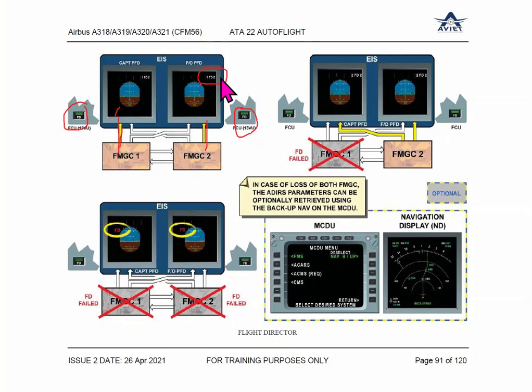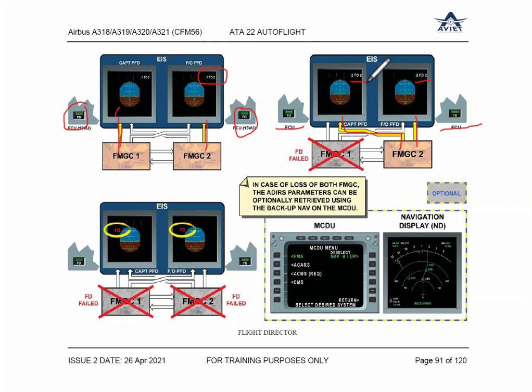Now, let's say one FMGC failed. In this diagram, one FMGC failed, switches are still green. So what happened? Now the remaining FMGC will supply the information to both PFDs, and the FMA will show you a different caption. Earlier it was 1FD2, now it is 2FD2.